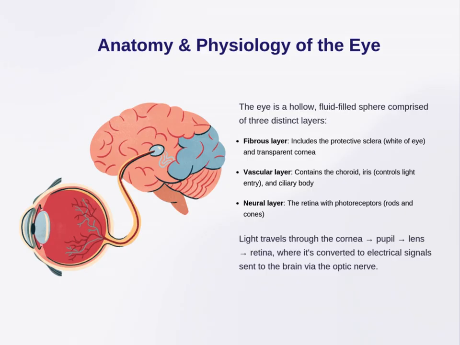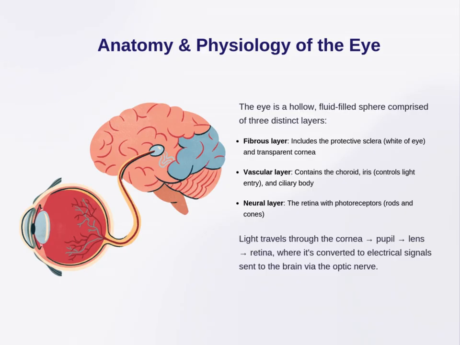The vascular layer, or the choroid, which contains a lot of the blood vessels. It's where the ciliary body is, and the iris, I'm sorry, that controls light entry. Couldn't think of the word. And then the neural layer, which is the retina.